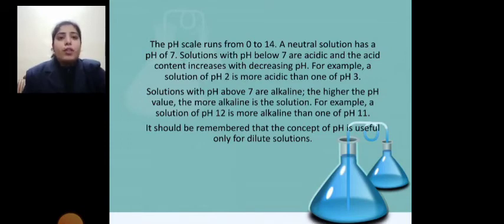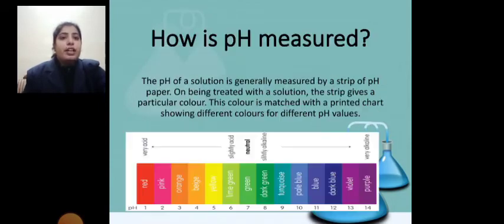But we should always remember that pH is only useful for dilute solutions, not for concentrated solutions. When we started, I told you what concentrated solutions are. Concentrated solutions are those which have a large amount of acid in them. So pH is only suitable for solutions which are dilute.